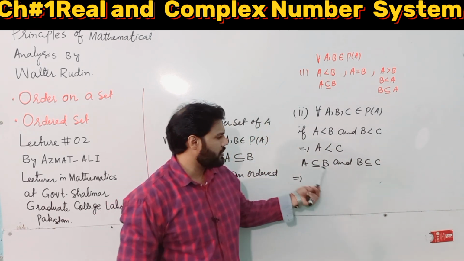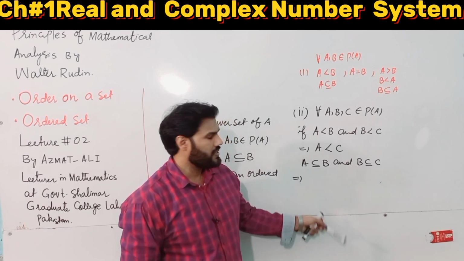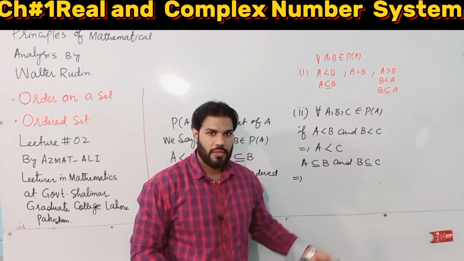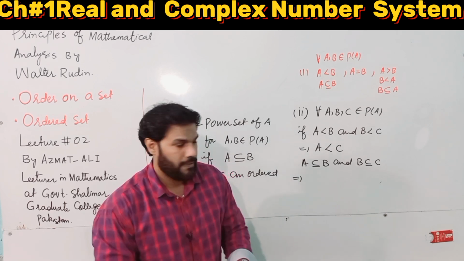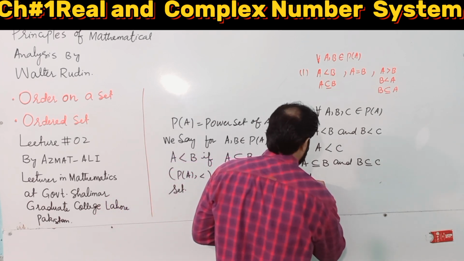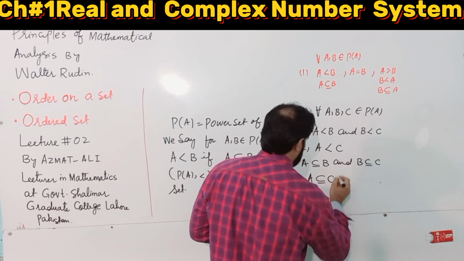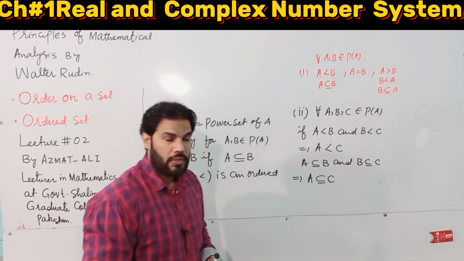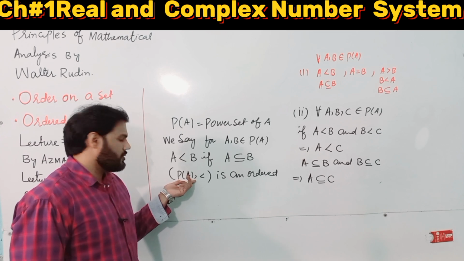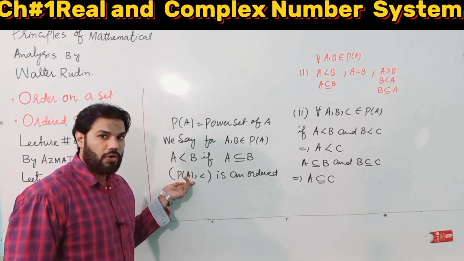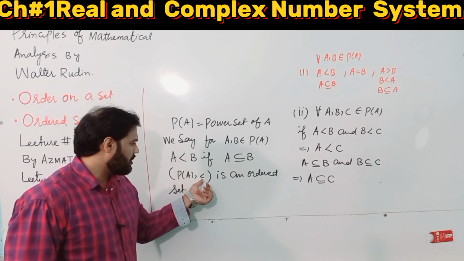When A is a subset of B and B is a subset of C, then obviously the first set will be a subset of the last set. This implies A must be a subset of the last set C. So this shows that this power set of A is an ordered set with order relation less than.